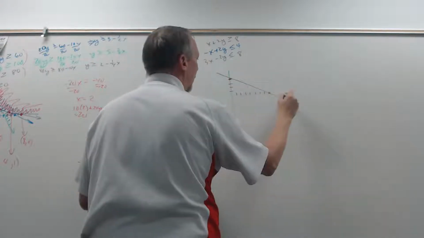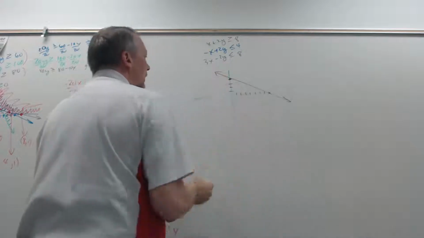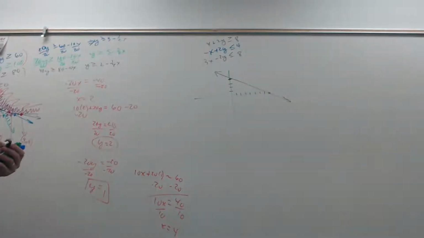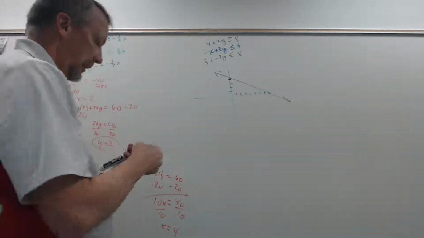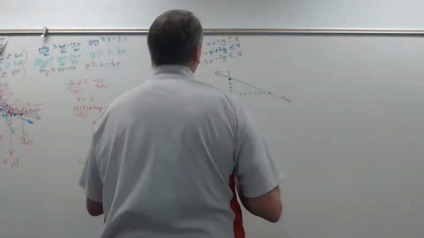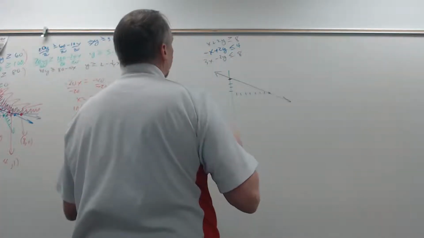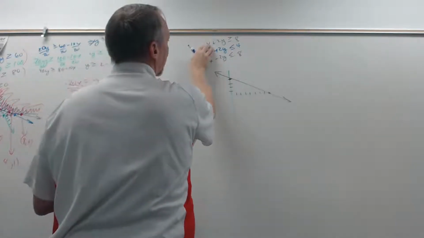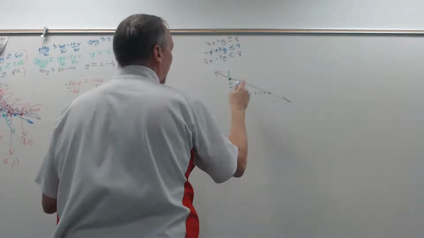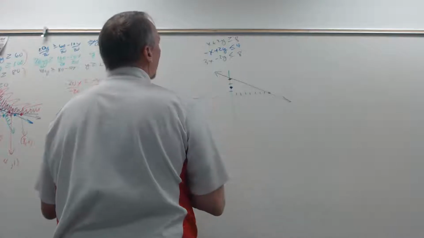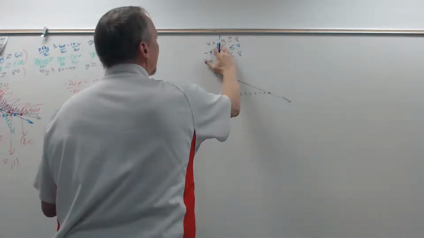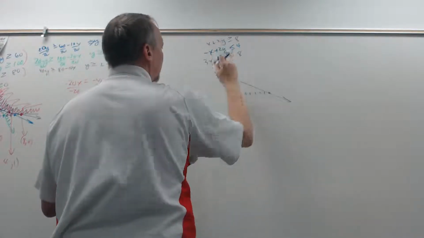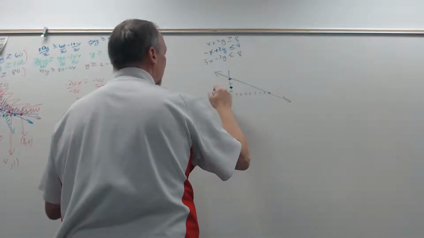It's a solid line. And then the blue one, the y-intercept is 2. So if I set x equals 0, y equals 2. And the x-intercept, when y is 0, x is negative 4. 1, 2, 3, 4.